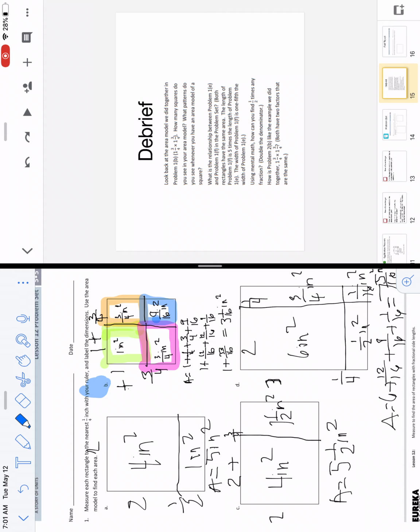If both side lengths have a fraction, or a whole number and a fraction, how many squares are you going to have? You're going to have 4 squares because then you have 4 numbers. You have 1 and 3/4, 1 and 3/4, right? If you look at C, you only have 2 squares because you only have 1 fraction. You have 2 3/4 and you have 2.